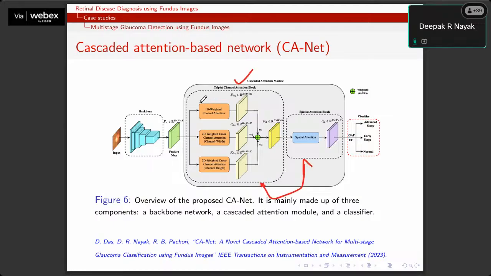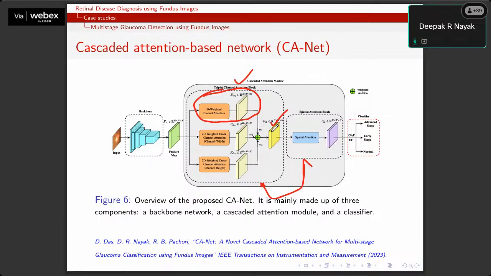You might have seen channel attentions where the weights are 1D, which we already discussed. But what we have introduced here is cross-dimension channel attention mechanisms, and we combine the results of all these channel attention mechanisms via weighted addition.